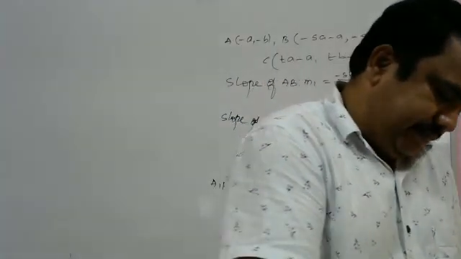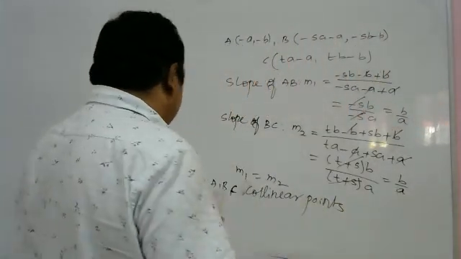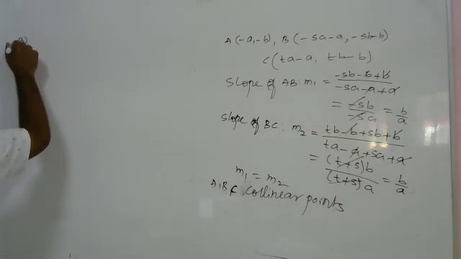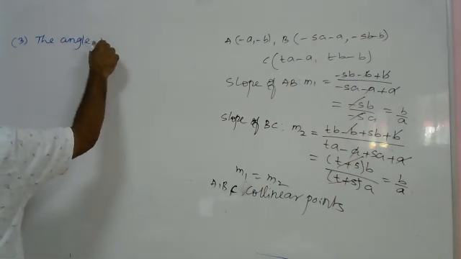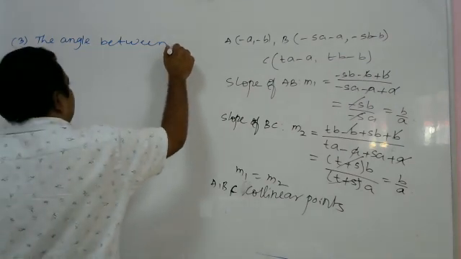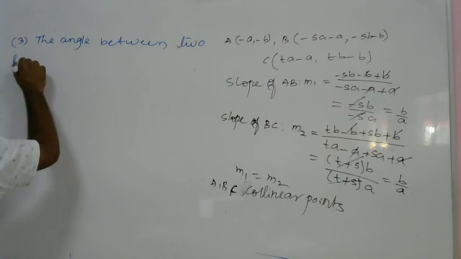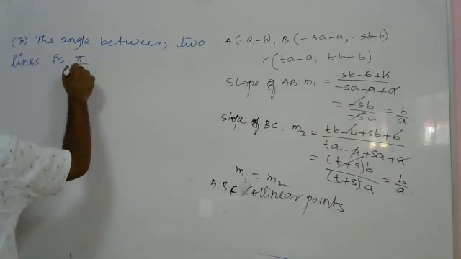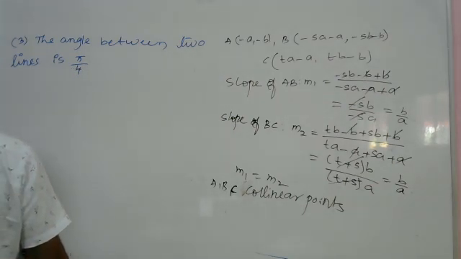Next one. The angle between two lines is pi by 4, and the slope of one of them is 1 by 2.